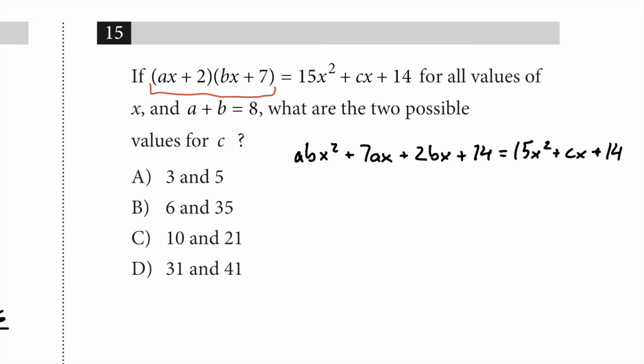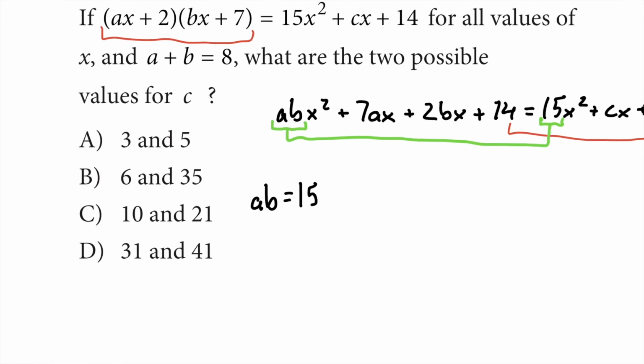Here we see that ab must equal 15. And we already know that a plus b equals 8, so we can find b equals 8 minus a. Then substitute that back into this equation. We get a times 8 minus a equals 15.